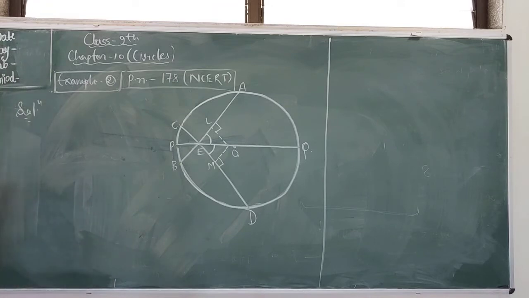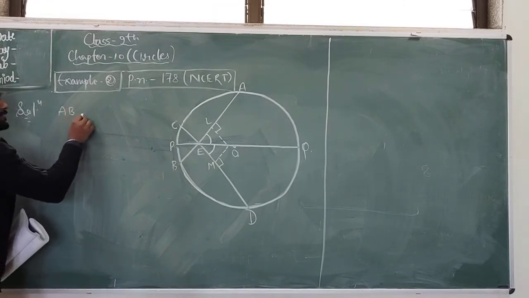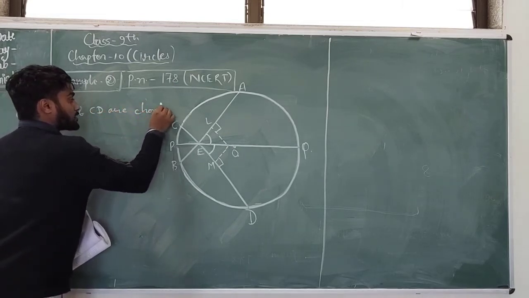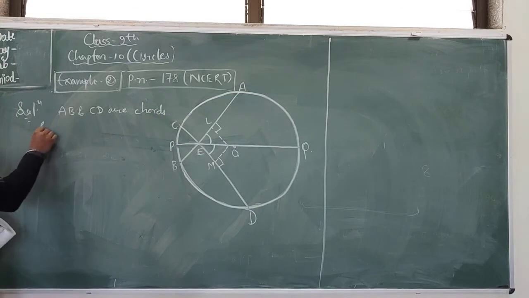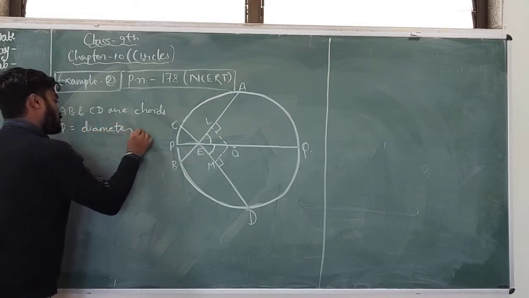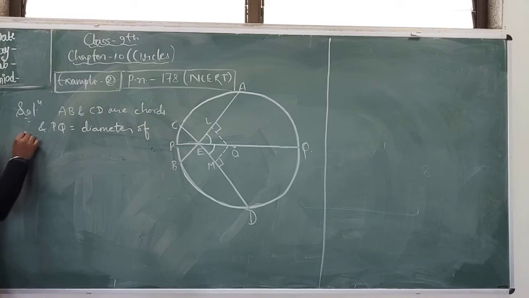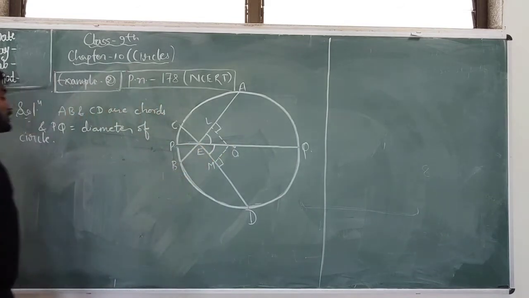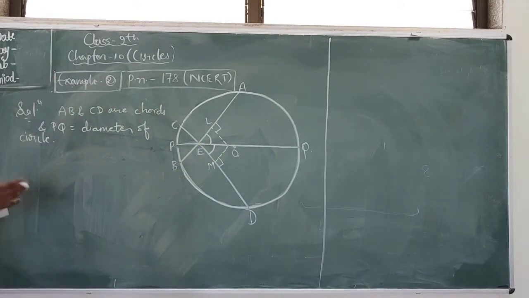AB and CD are chords, and PQ is the diameter of the circle with center O, intersecting at point E. You can understand this from the diagram.